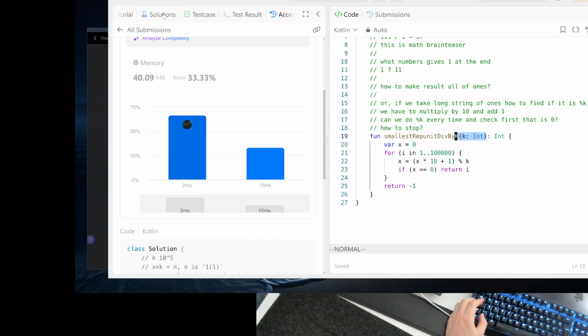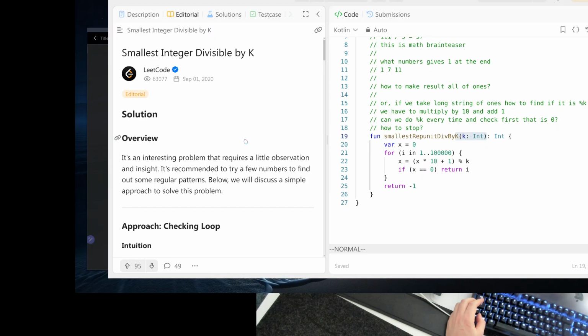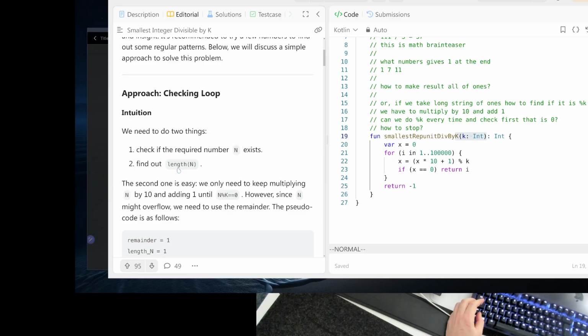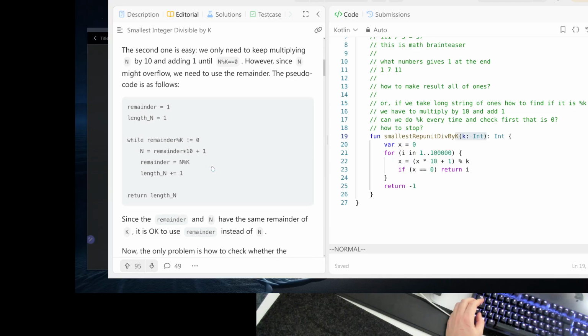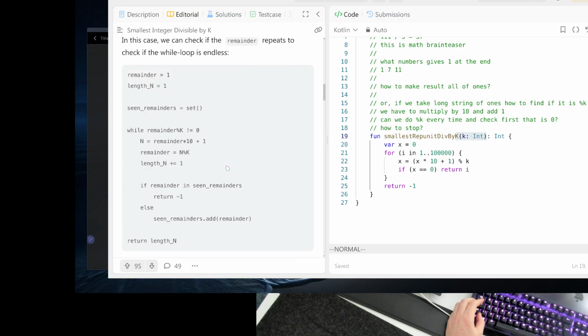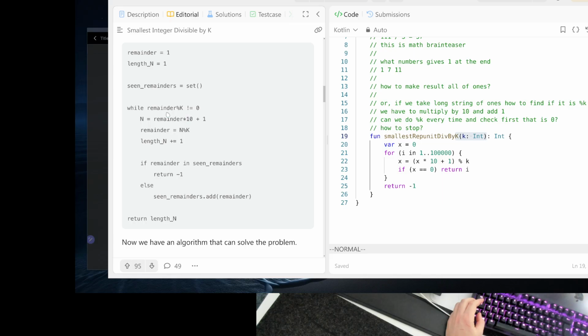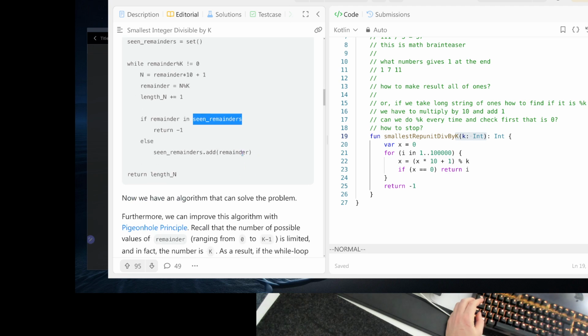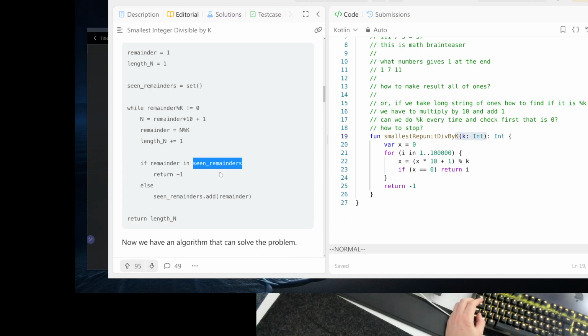Let's look at the editorial. Maybe we can find one. So they just use this remainder and seen remainder. They actually have a different solution.